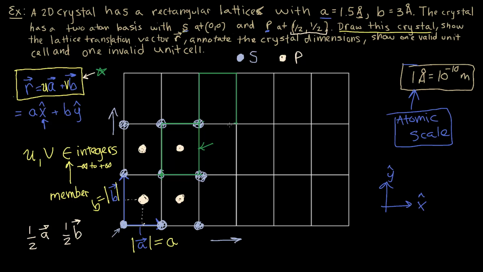And if we were to put in every possible value for U and V, an infinite number of values, we would fill all space with these unit cells. It's important to note, this is a rectangular unit cell.